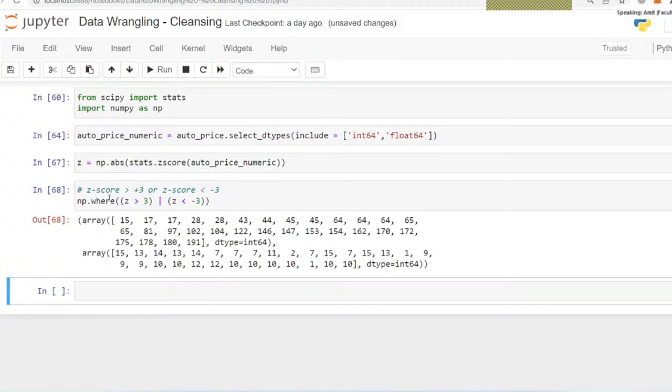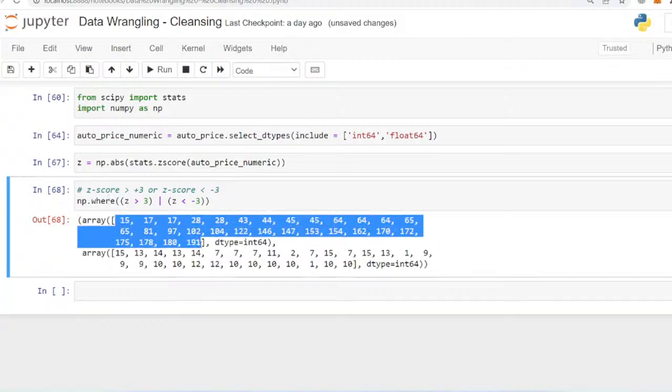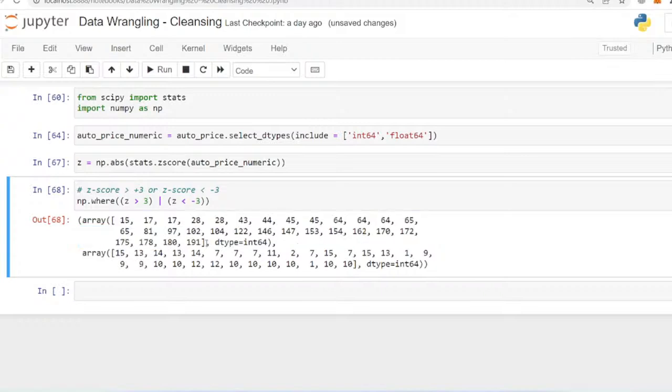The numpy.where function is going to return the indices values, and this is what the indexes represent here. Other values will be something else, but these are our target values.